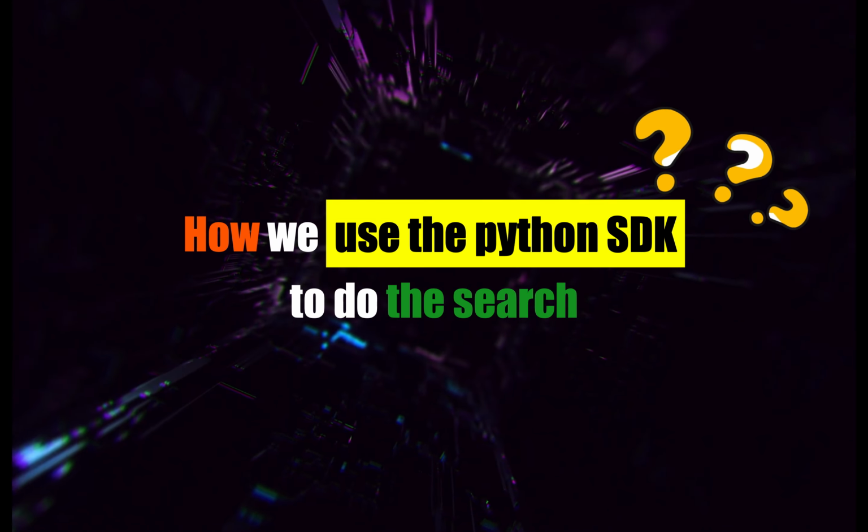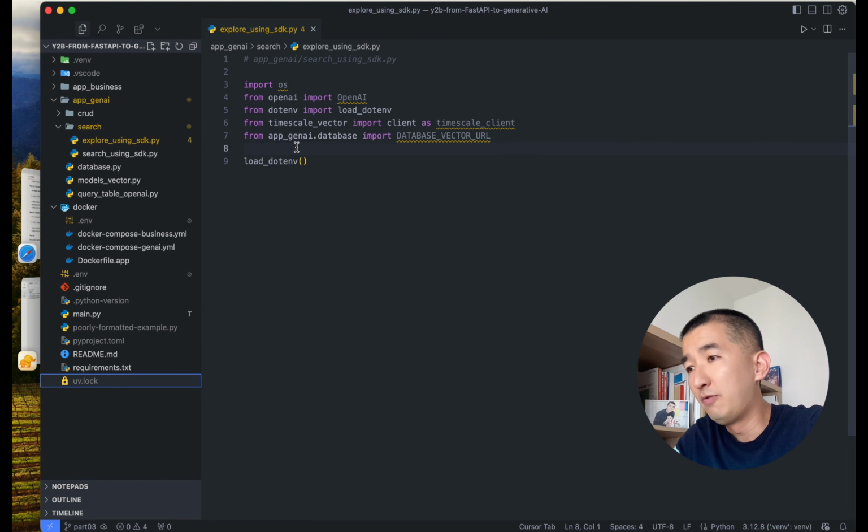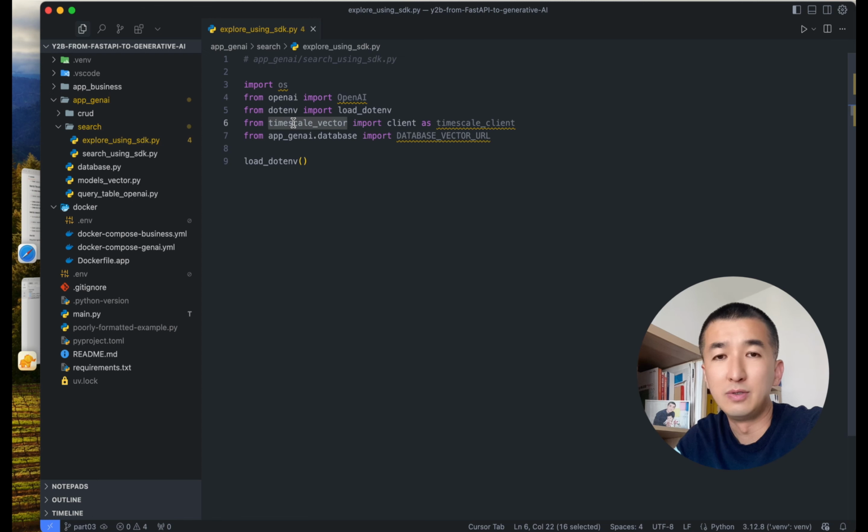So let's explore a little bit how we use the Python SDK to do the search. First of all, there's a new library here, timescale vector. You just install this timescale vector, because we will use it as our search client, and of course we load our environment variables.